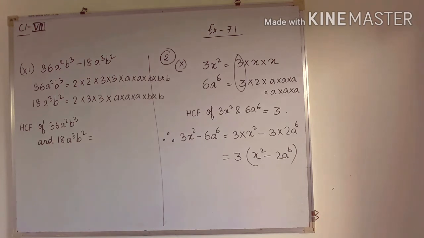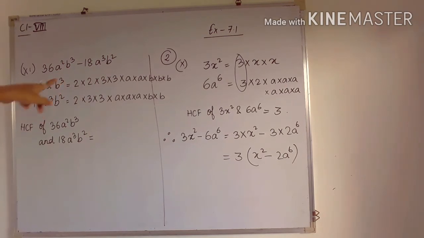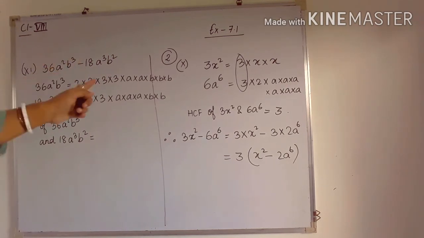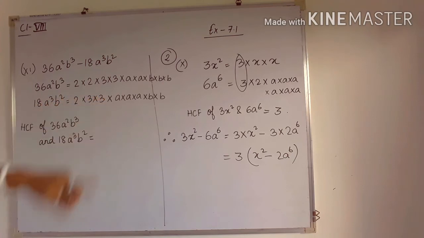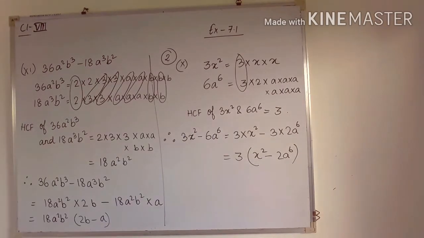So 36a square b cube can be written as 2 into 2 into 3 into 3. Then a square will be a into a, and b cube will be b into b into b. Similarly, 18 you can factorize, a cube also, and b square will be b into b. So what are common factors here? One 2 is common, one 3 is common.